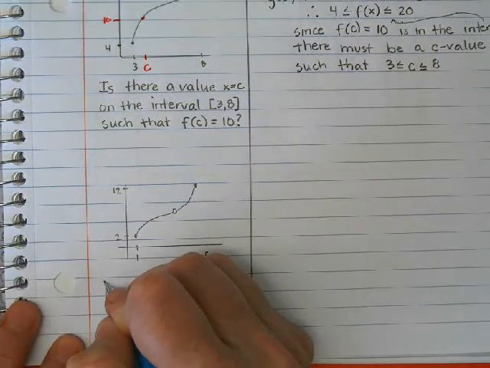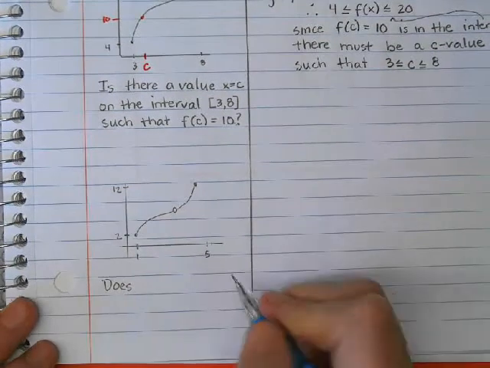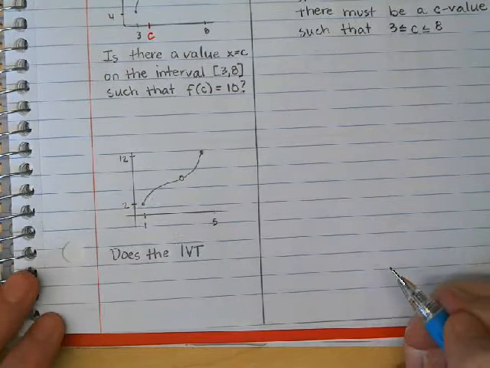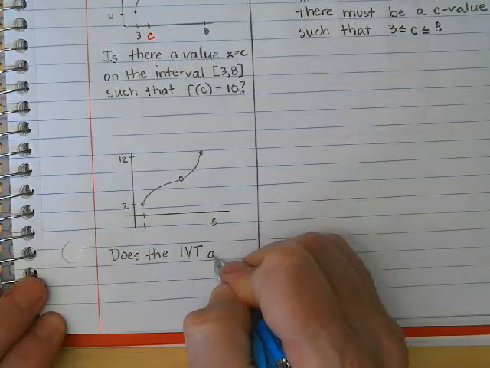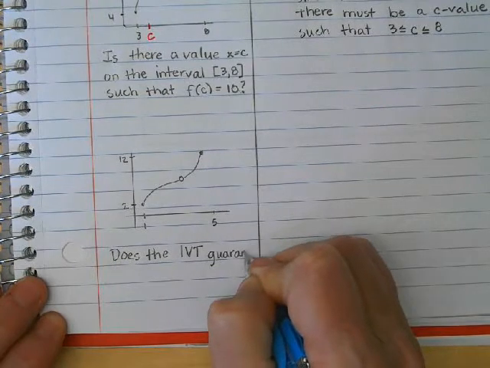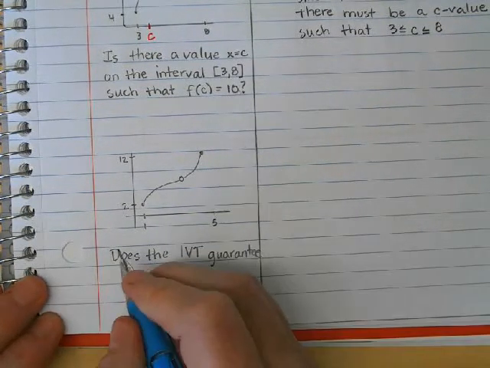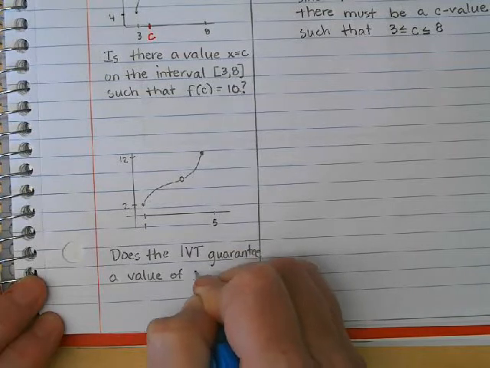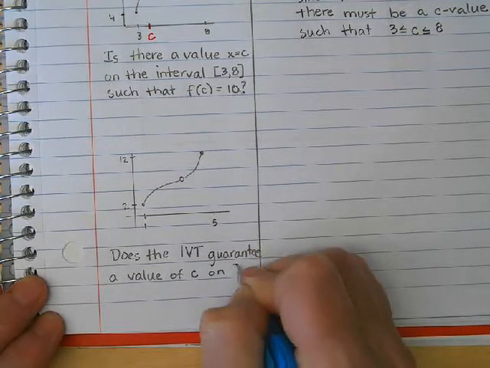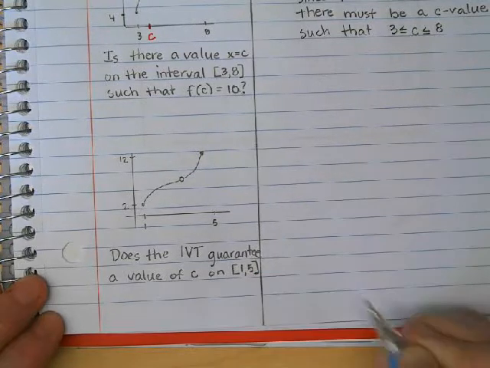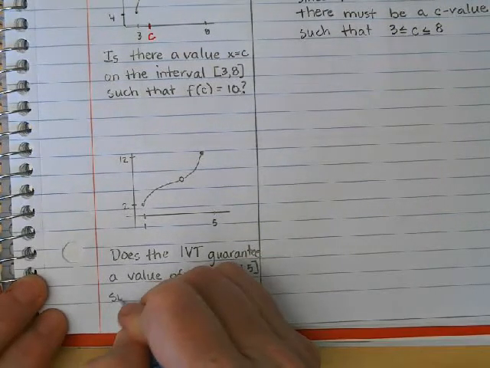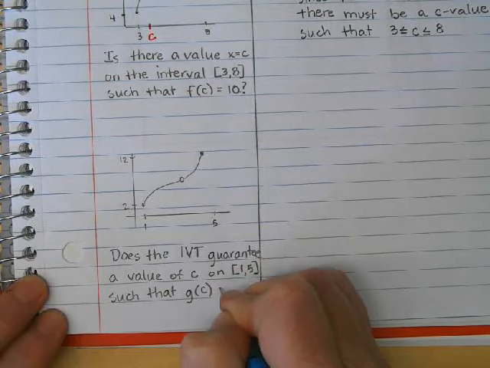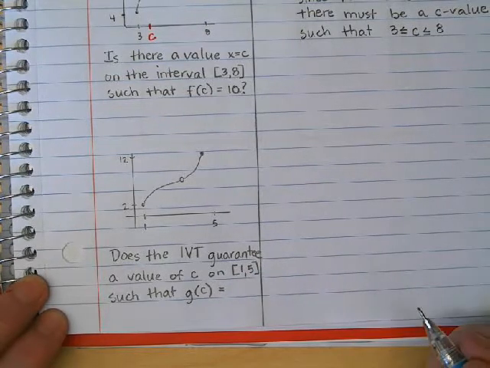So the way you might see this question is it might say, does the intermediate value theorem, the IVT, guarantee a value of C on the closed interval 1 to 5 such that G of C equals 6?